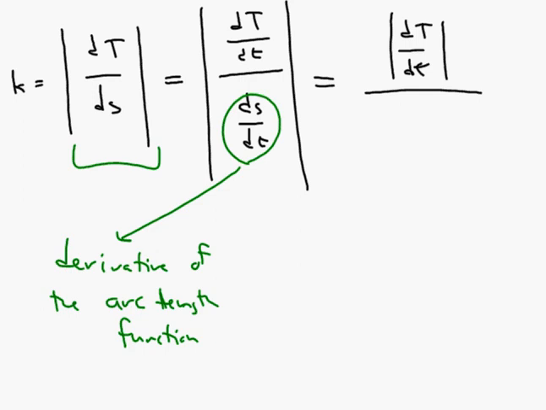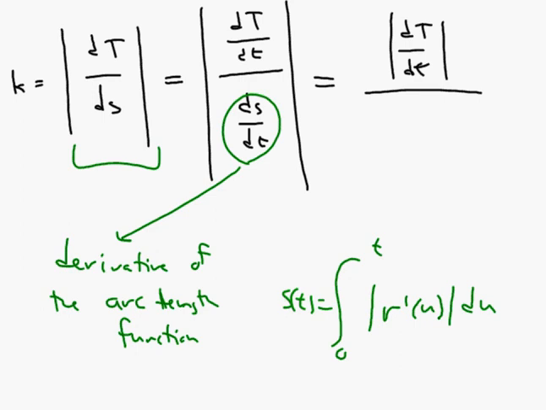Okay? So let's just write down the arc length function for a moment, and we'll be able to see something pretty nice. Okay. Well, the arc length function, we wrote it as s of t equals the integral from 0 to t, the norm of r prime of u, du.